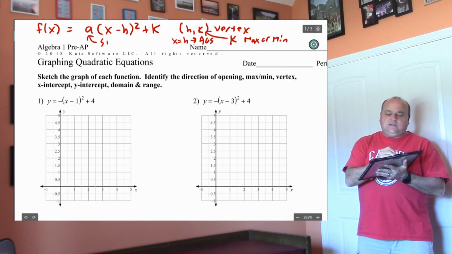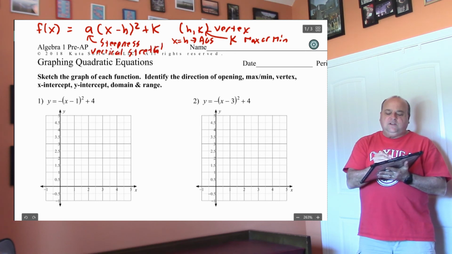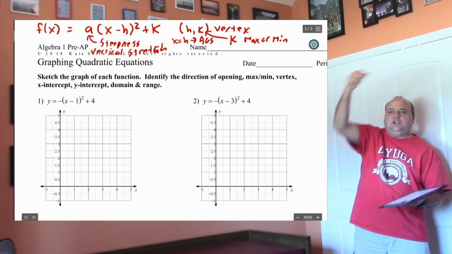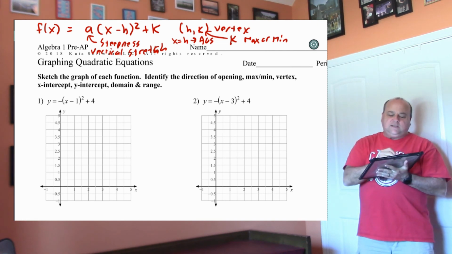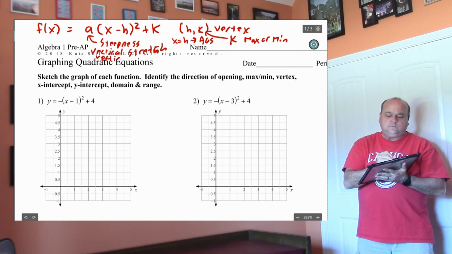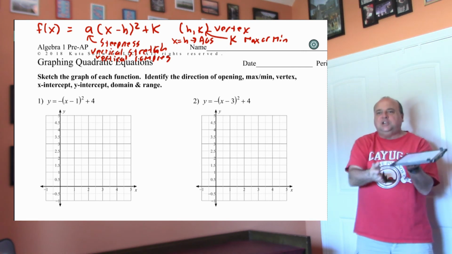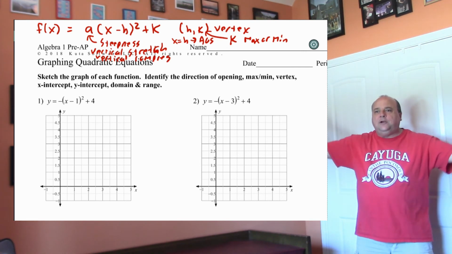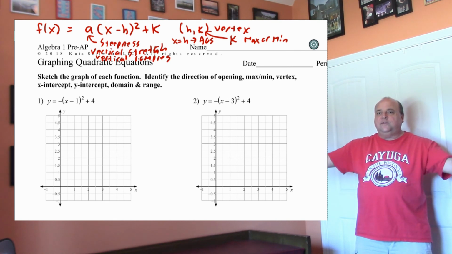The a is the steepness of the curve. It will either vertical stretch or vertical compress. If it's a vertical stretch, you stretch it this way and the curve gets narrower or steeper. If you vertically compress it, if you smash it, the curve gets wider. So if a is smaller than 1, the curve gets wider.